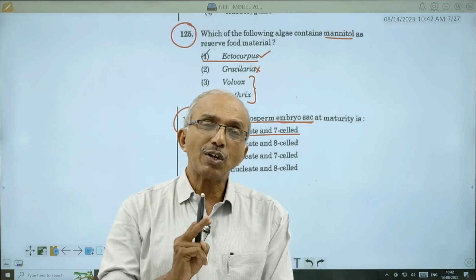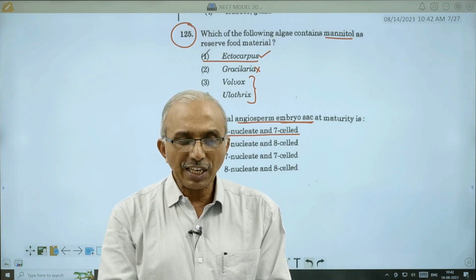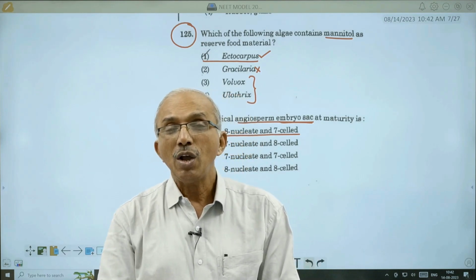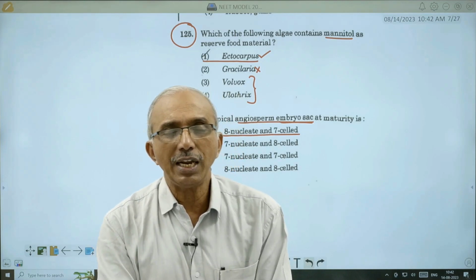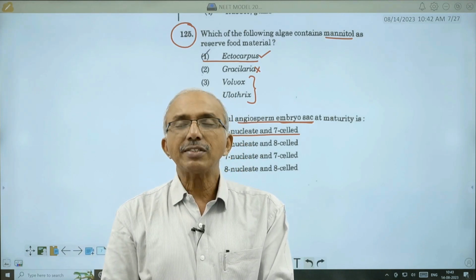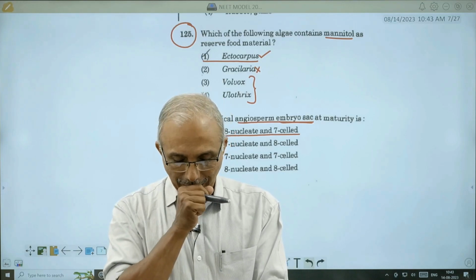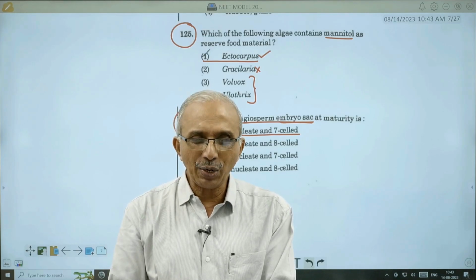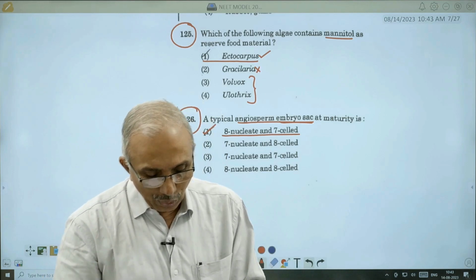It consists of 7 cells but 8 nuclei. The difference in the cell number and nucleus number is because one cell in the embryo sac, that is the central cell, consists of 2 nuclei. These nuclei are called polar nuclei.